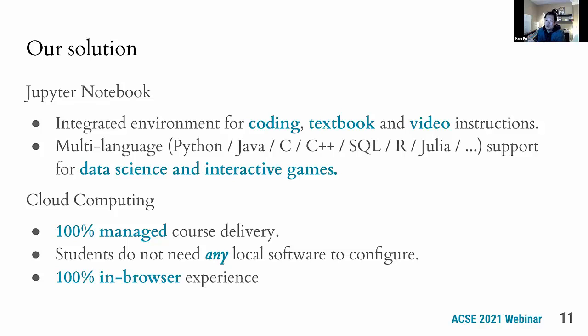In recent years, Jupyter Book has become really effective in supporting different languages, ranging from Java to Julia, from C to C++, from Python to Java, and so on. It's got fantastic support for data science, which is a central theme among the courses I teach. But it also has a lot of interactive game elements.